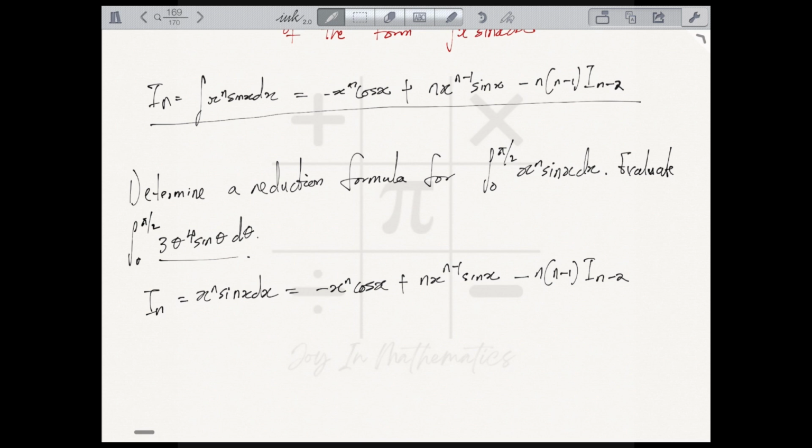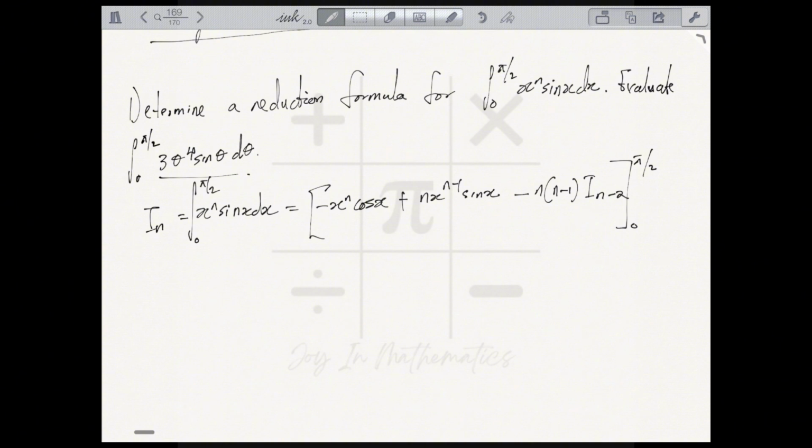So In has an integral of this. Now it is from lower limit 0 to pi over 2. Therefore, we'll have to apply our upper and lower limits, from 0 to pi over 2.